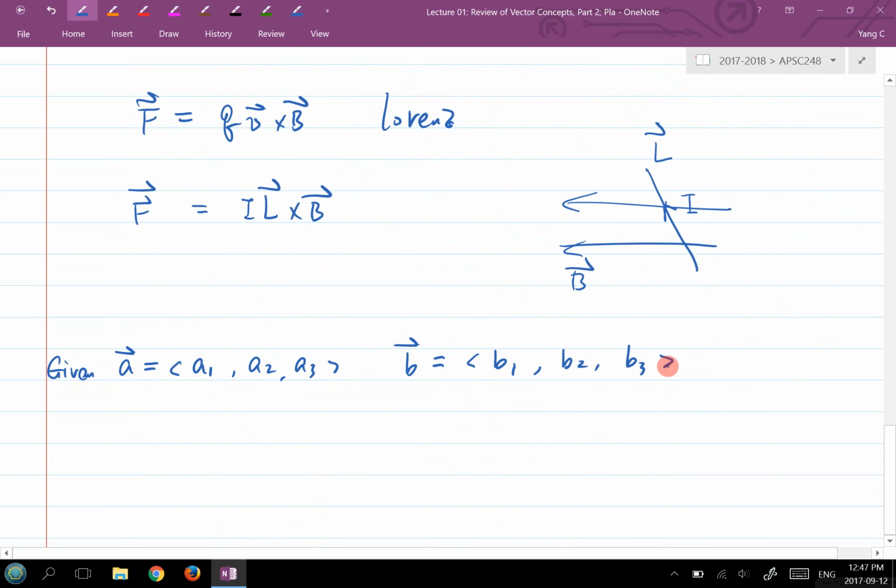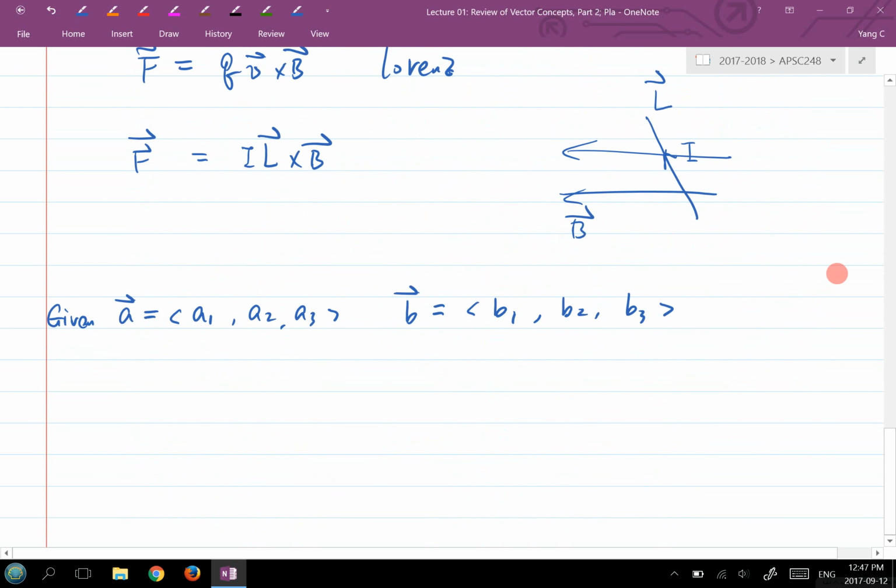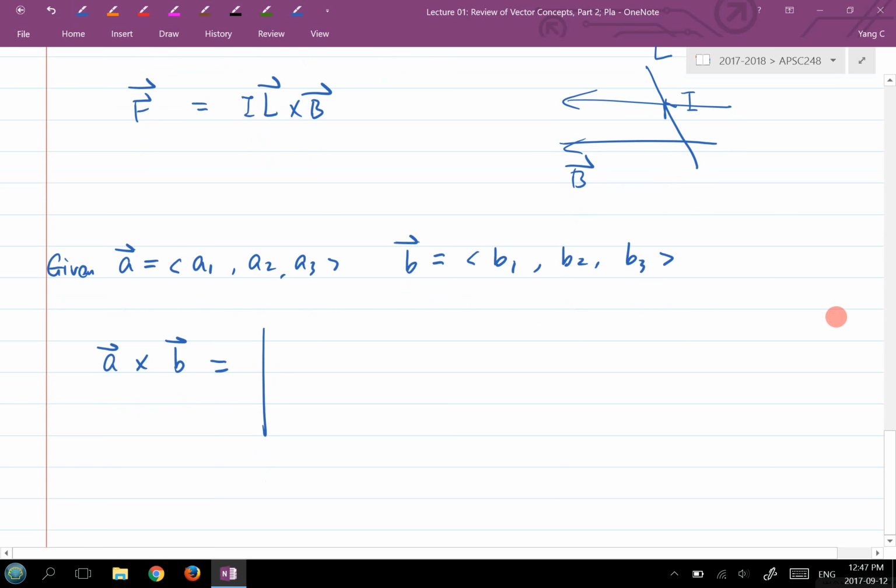So if I have two vectors A and B, then for the calculation of the cross product, you can use the following formula. Now this formula, unfortunately, you're not going to be allowed on a formula sheet in the midterm, so you're going to have to memorize this one here. It's not particularly challenging, just a little bit long compared to other formulas.